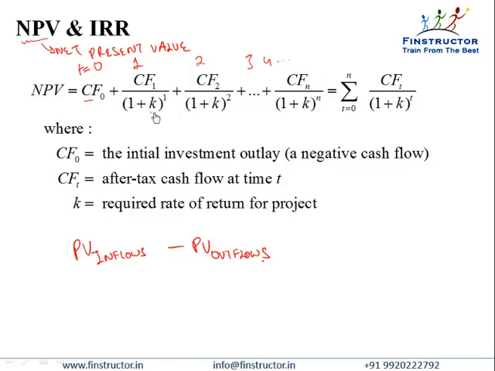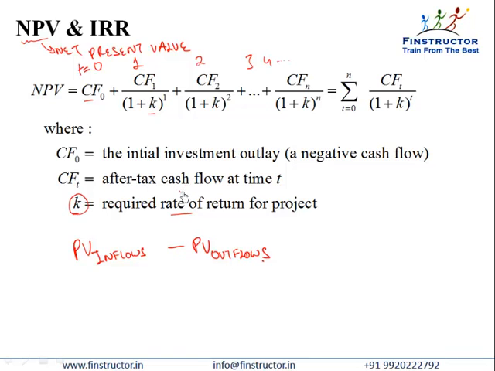So the first cash flow, the cash flow coming at the end of year 1, would be discounted back by 1 plus the required rate of return for the project. How this required rate is derived, we will study in the next review, that is on the cost of capital.